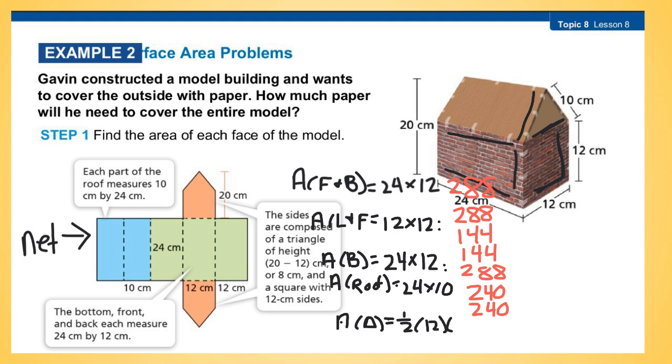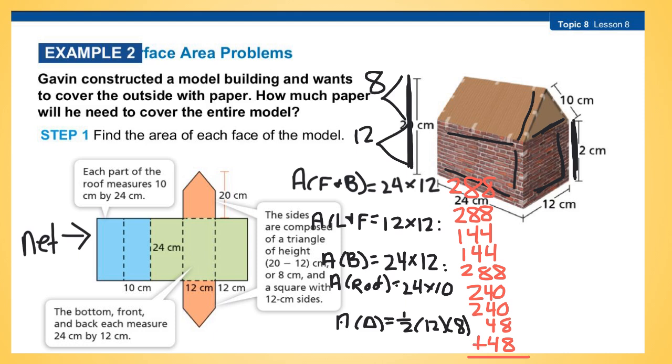Now this one I have to think about a little bit. It's 12 from here to here, but it's 20 all the way. So if this part is 12, the rest of it has to be 8. So if I take half of 12 times 8, 12 times 8 divided by 2 is 48. And I have a left side and I have a right side.